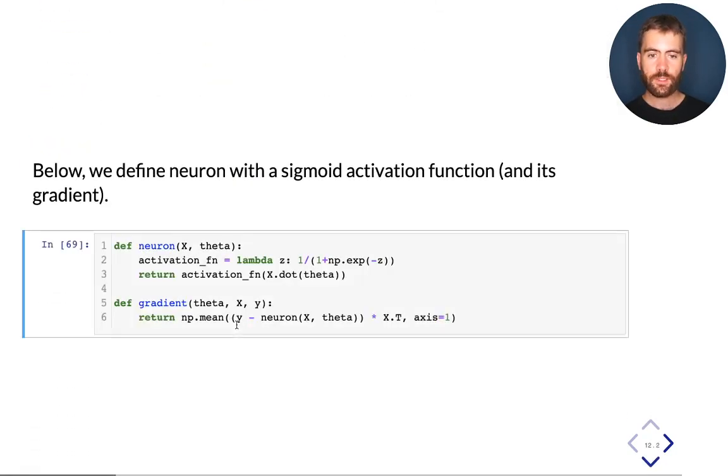And we can implement an artificial neuron with the sigmoid activation function very easily. These are 2 lines of code for defining a neuron, and we can also define its gradient very easily in 1 line. If you want to see the derivation of this gradient, you can go back to our lecture on logistic regression.